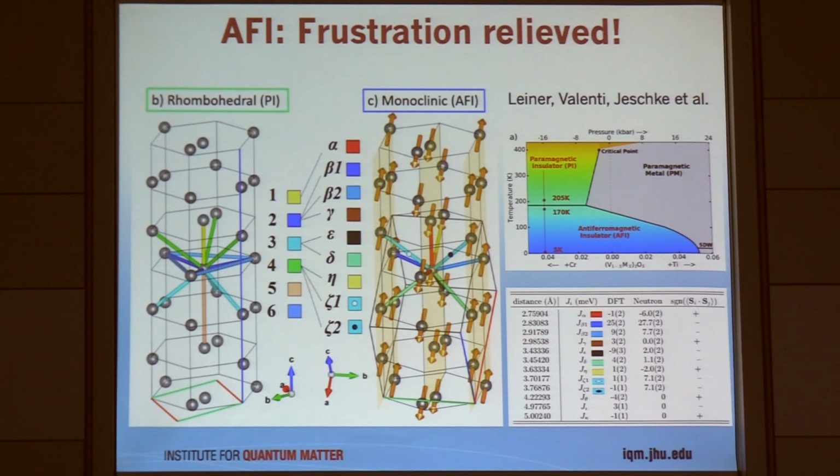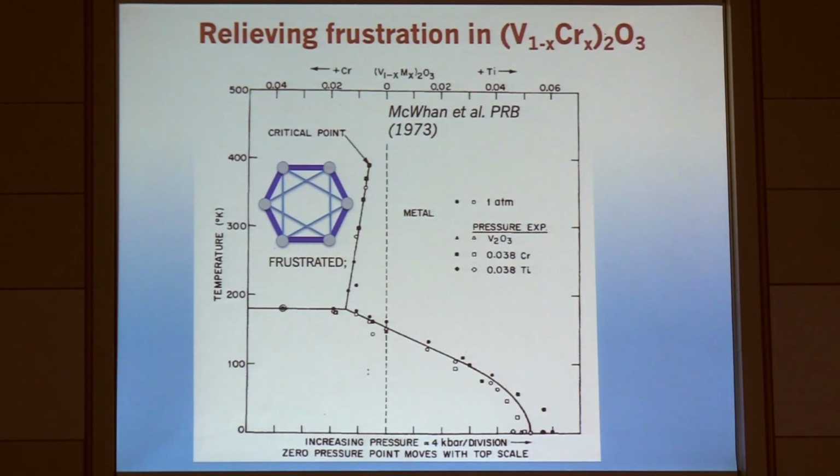This is in contrast to the paramagnetic insulating state, where we have these competing interactions on the honeycomb lattice. And so what's happening here is that in the paramagnetic insulating state, we have a frustrated honeycomb lattice. But then as we cool down, the lattice actually deforms, and allows for the transition into this monoclinic state.